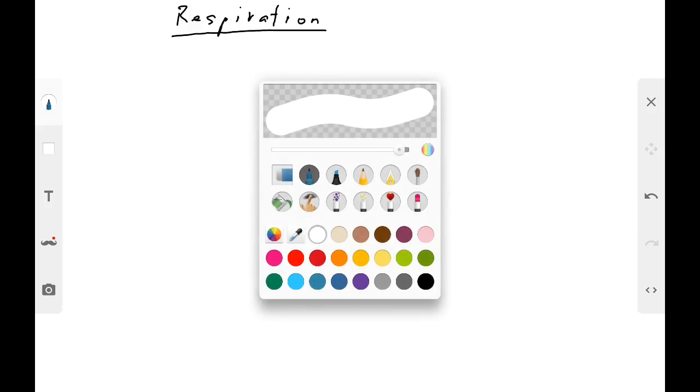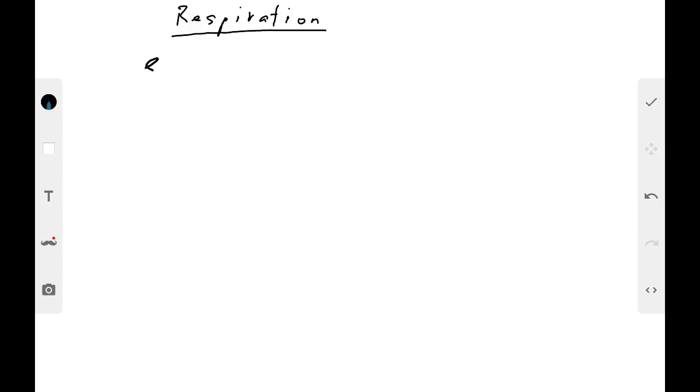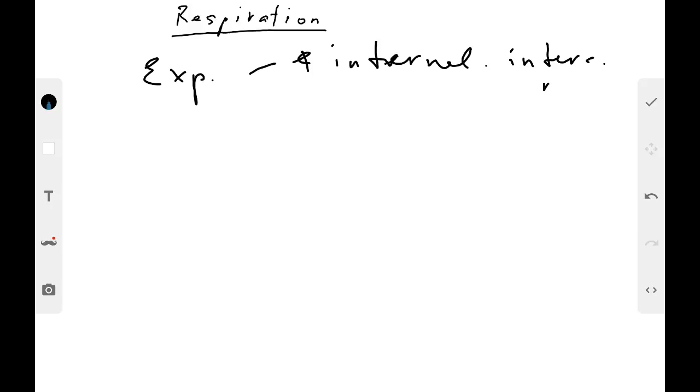Active expiration is explained by the contraction of expiratory musculature, expiratory muscles like internal intercostal muscles, and muscles of the stomach, musculus rectus abdominis, musculus obliquus abdominis, etc.